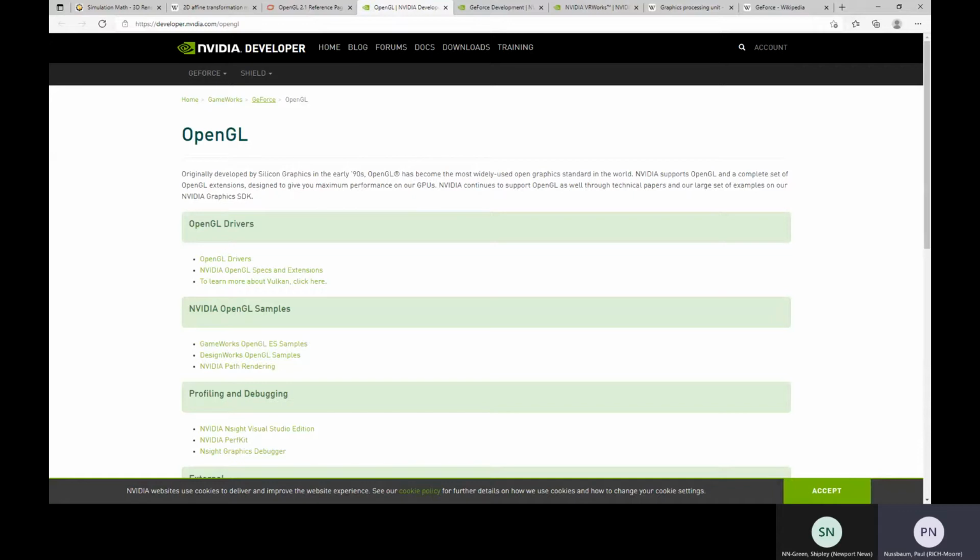So I want to be able to sell my video game to people who have all sorts of different kinds of hardware. So instead of writing my own software functions for all of those matrix transformations, I'll use the OpenGL library, and I'll understand that the people who make the hardware, like NVIDIA, promise to support all of those OpenGL drivers.